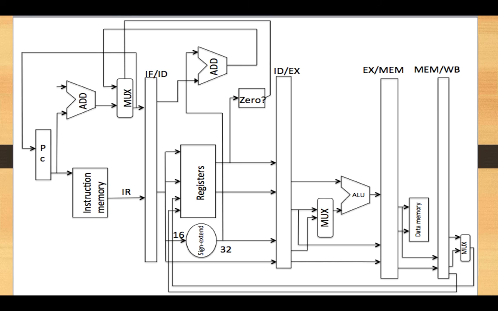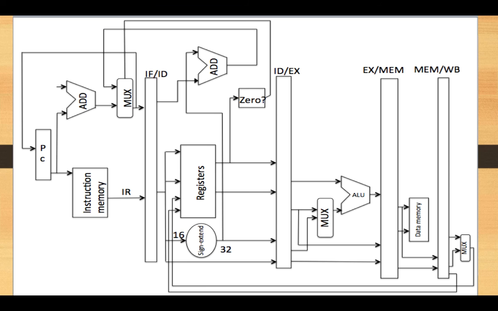So this is the entire block diagram of the Nios 2 architecture. First of all, it is the program counter. As we know, after every instruction the program counter will be increased.